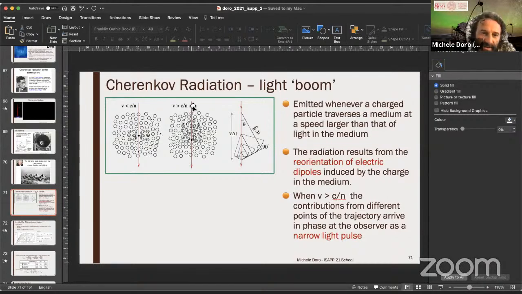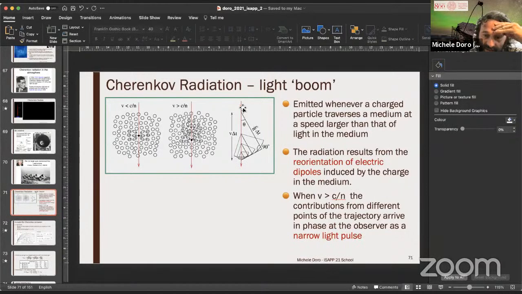If the particle, the electron here, has a velocity faster than c/n, then at a certain point there is a regularity between the emission of radiation by reorientation of the medium, okay?